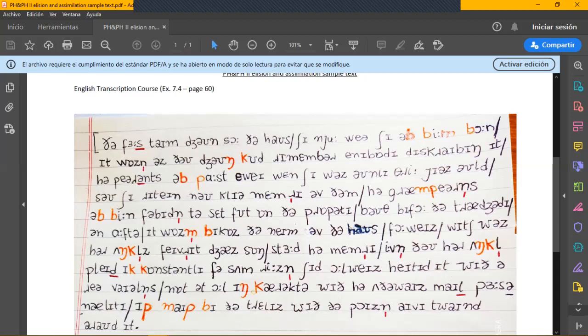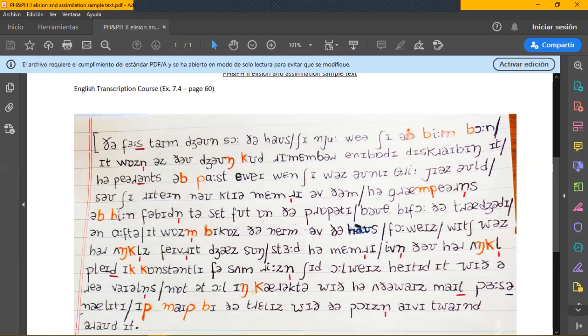It's up to you, but mostly it's up to how the speaker, whose text you're analyzing, pronounces those sounds or not. So as I told you, as in parents, we have three alveolar sounds together. So the voiceless one has been removed.